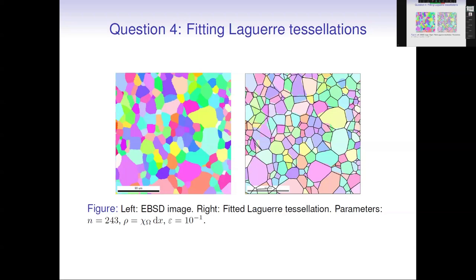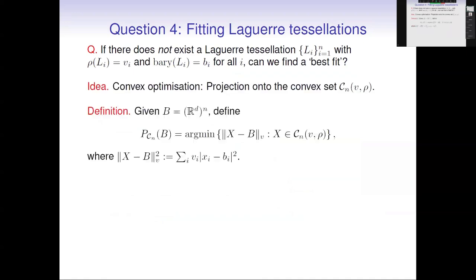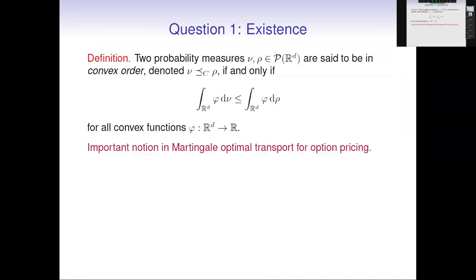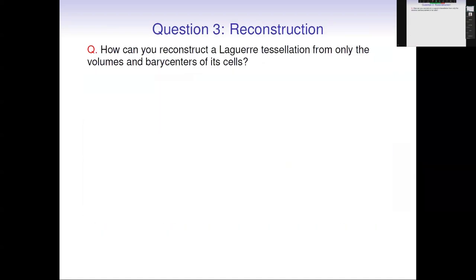It looks very nice. I'm sure the reality is much noisier. Yeah, this is a very nice example. That's true. The picture I showed earlier was also quite nice. This was a single phase where the grains were similar in size.